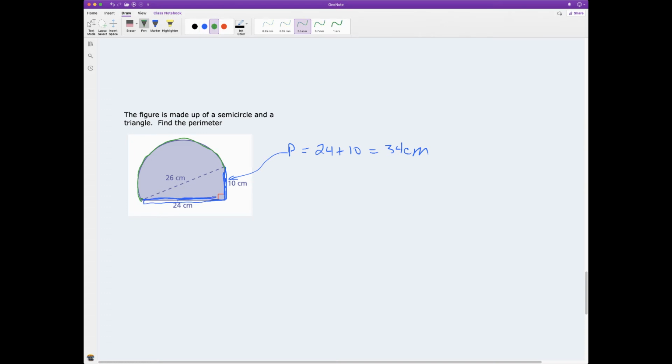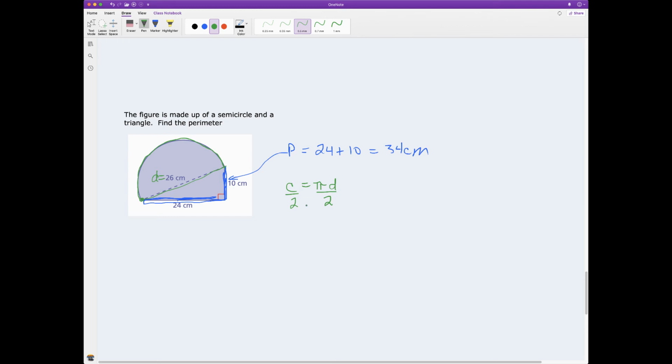Well, I know the circumference of a circle is pi times the diameter. If I imagine that this was a circle, then this distance right here would be my diameter. The diameter is 26. So I could calculate the circumference, which is the distance around an entire circle, but I want half of that. So I need to divide the circumference by 2.